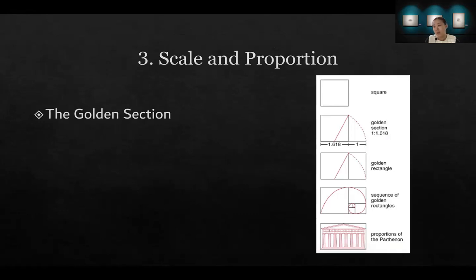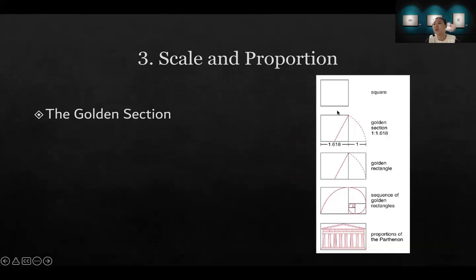The Greek interest in the use of mathematical formulas to determine perfect proportions has fascinated artists ever since. One of the best known formulas is what has become known since the Renaissance as the golden section.